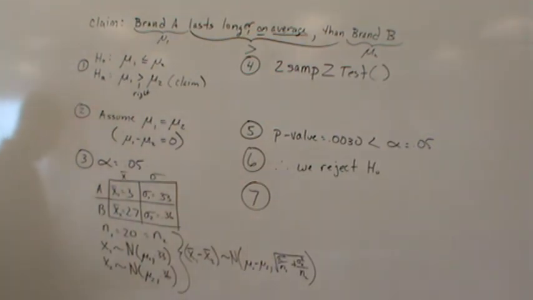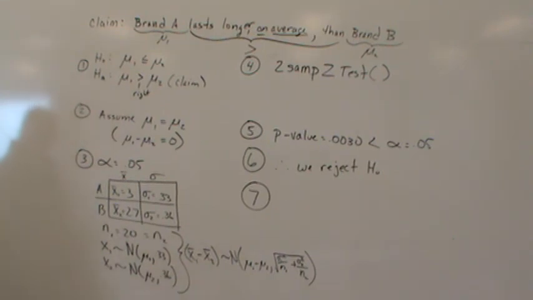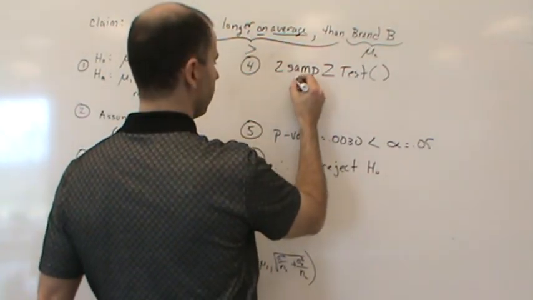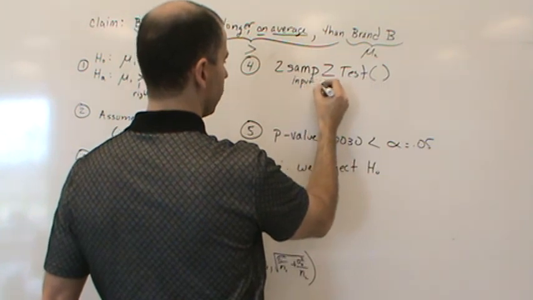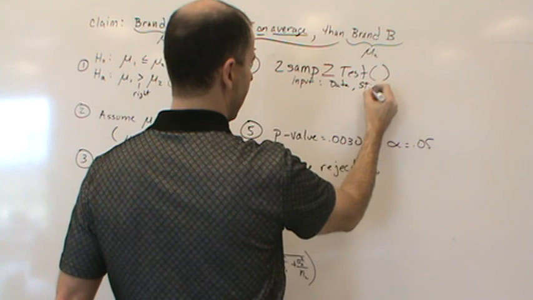So on the 2-sample z-test, it's going to ask you for the following information. And again, you can go to the calculator and actually look this up too. And so it's going to ask you for what your input is, right? In other words, are you going to use data or stats?